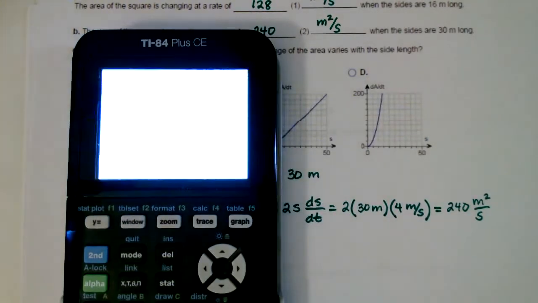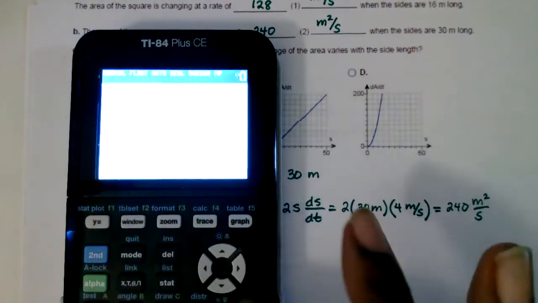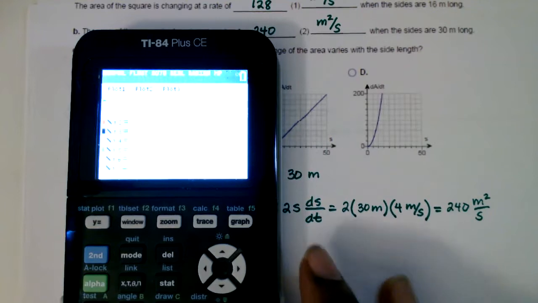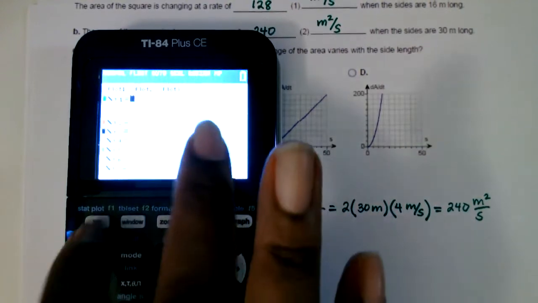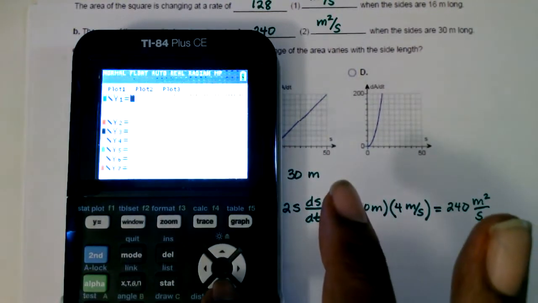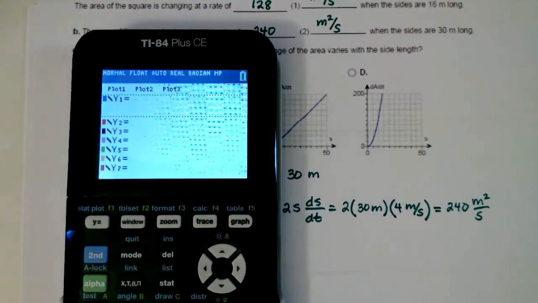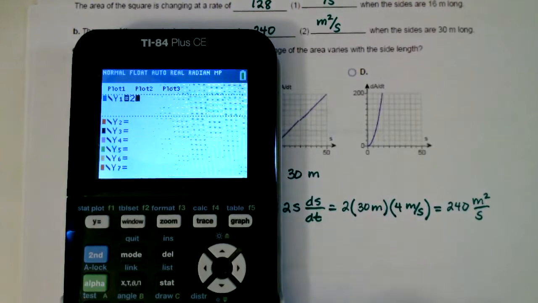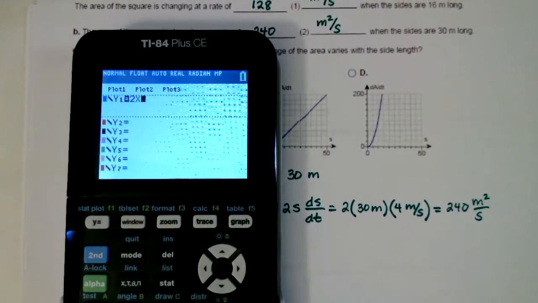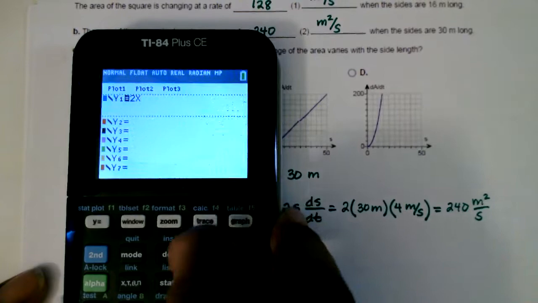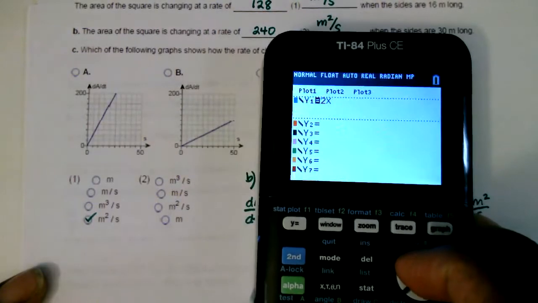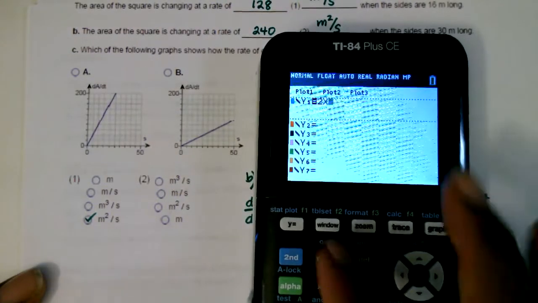But I'm going to treat that S like x. So let me go to y equals, clear this out. And in y1, it will be 2S, but I'm going to use x for that. Now, by looking at these graphs that I'm given here, here's what I'm going to do.